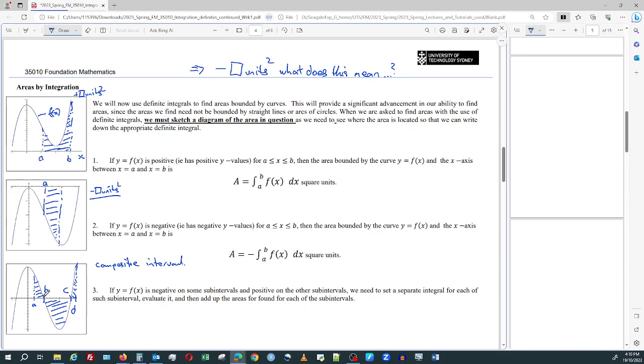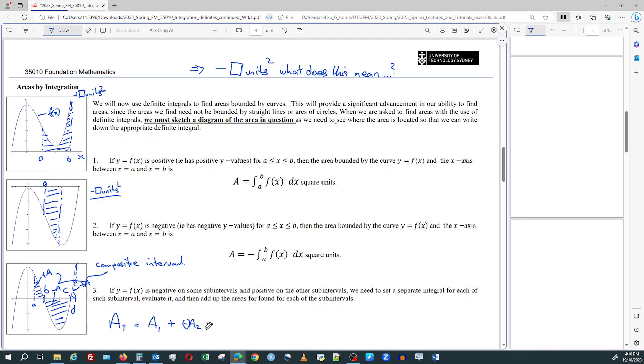The subinterval will have a negative A. This will have a positive A. This one here will have a negative A, and a positive A. And so when we add them together, so there's a composite idea, okay? When we add them together, we will get a total area that is the sum of each of the interval areas, but what if one of the interval areas is itself negative?